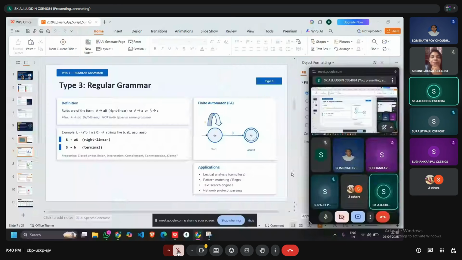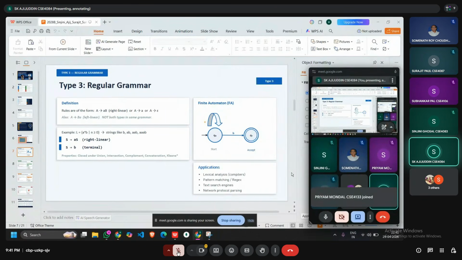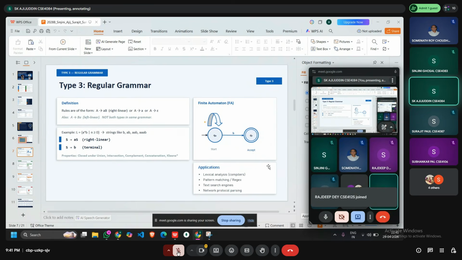As she says, the Chomsky classification is divided into 4 parts. We start with the regular grammar, which is type 3. There is basically one rule here, that the string should be simple, and the type 3 grammar is the simplest grammar among all. Type 2 is more complex than type 3, and the finite automaton machine is used here to recognize the values.